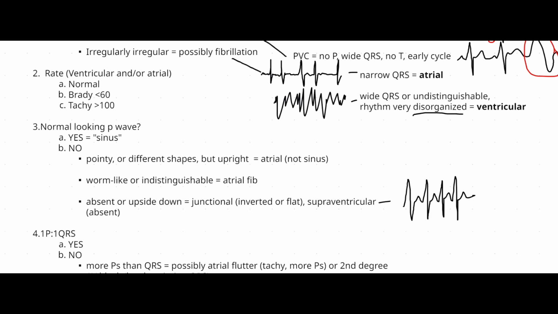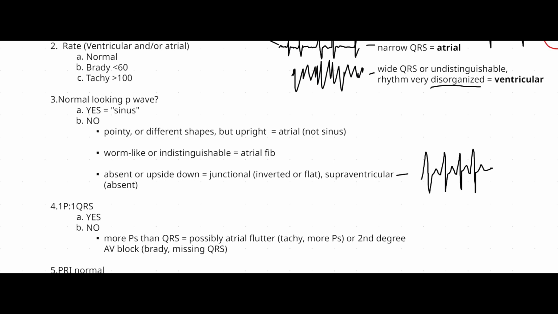But just know first that if the shape is different, it's coming from the atrium, it's not coming from the sinus, right? And here, in an SVT, there's a QRS and a T, QRST, no P, and rapid rate.